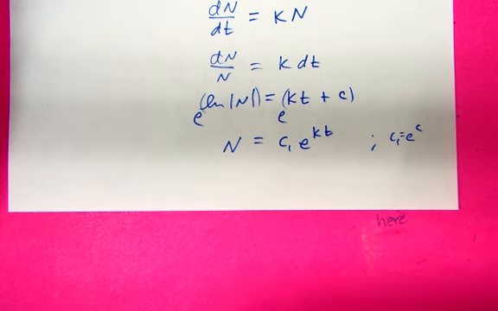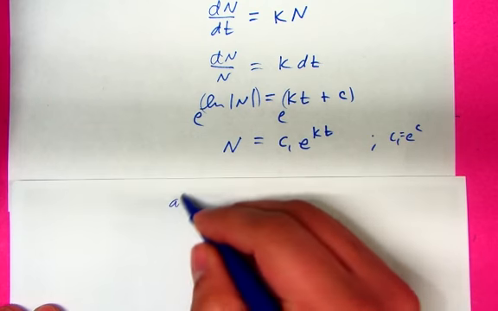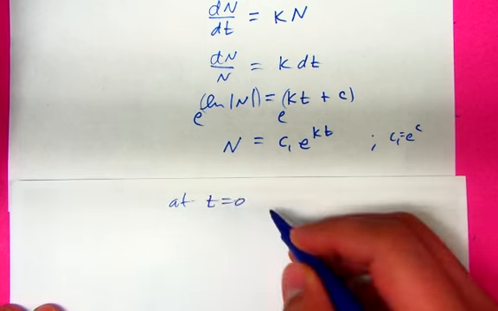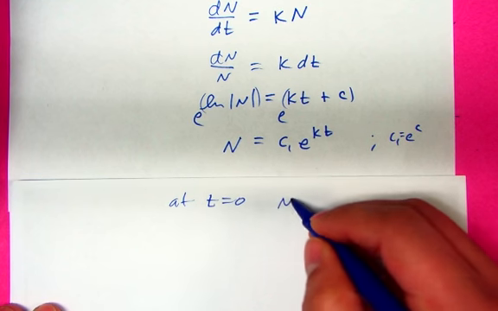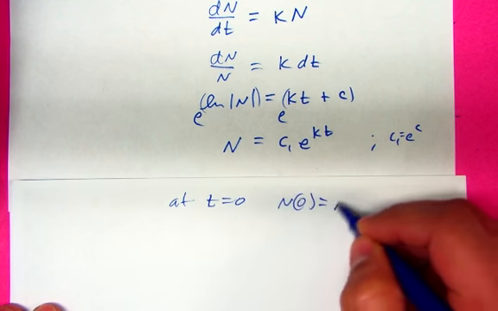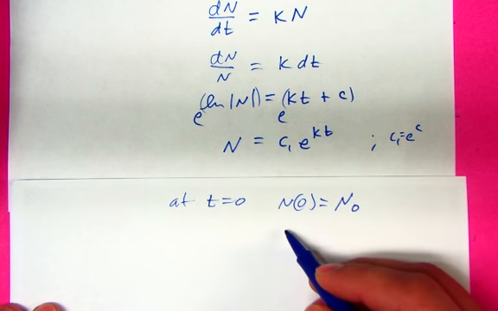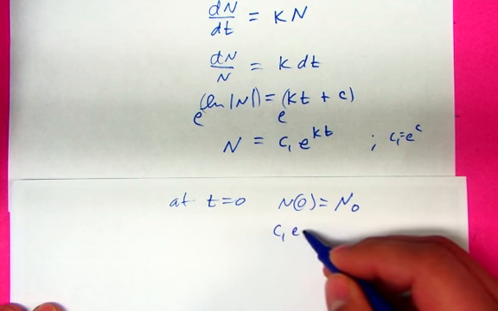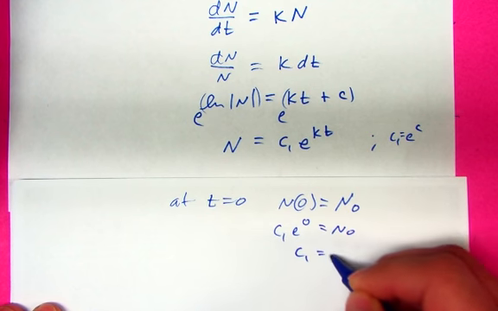And now we can use the conditions that we have to figure this out. So let's see. At t equals 0, we know that N of 0 is N naught. So if I plug in 0 into the equation, we get that c1 e to the 0 is N naught. In other words, c1 is N naught.